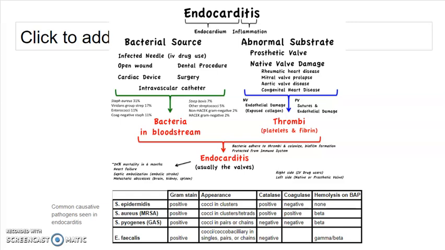It can be caused by a variety of disease states, but the majority of endocarditis is caused by streptococci and staphylococci, as well as Candida, and they produce biofilms that create a barrier that protects the bacteria from exposure to circulating antibiotics. So it's pretty bad. And then I have a little table here that has the common pathogens seen in endocarditis and their appearance and how they are differentiated.